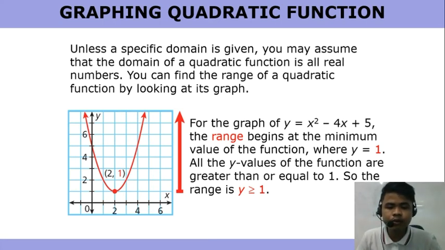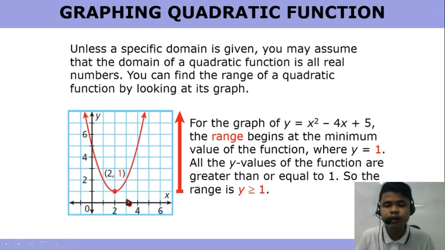Where y is equal to 1. Okay? It begins with the minimum value. Okay, all the y values of the function are greater than or equal to 1. So, the range is y is greater than or equal to 1.